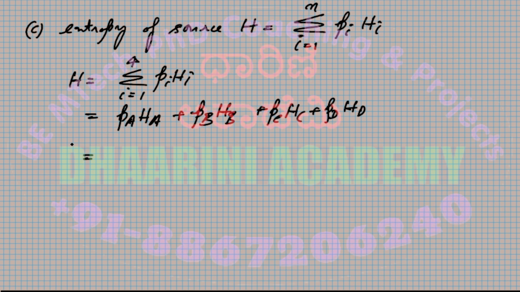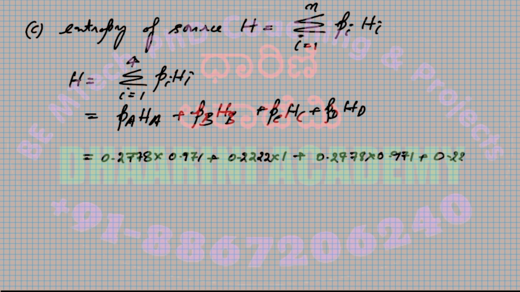PA is 0.2778 is a probability, into HA is 0.971 plus probability of B is 0.2222 into HB is 1, 0.2778 into 0.971 plus 0.2222, that is probability of D into HD.